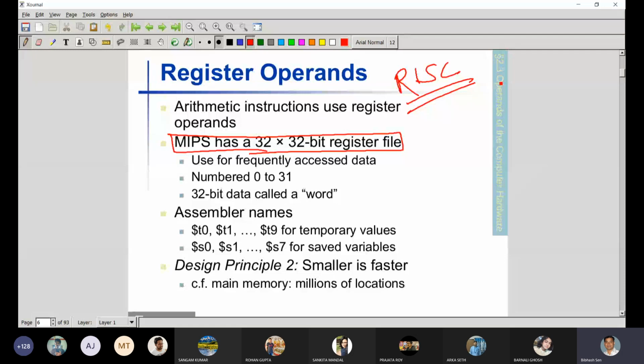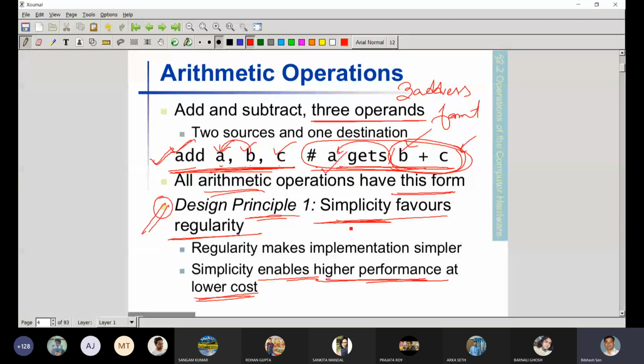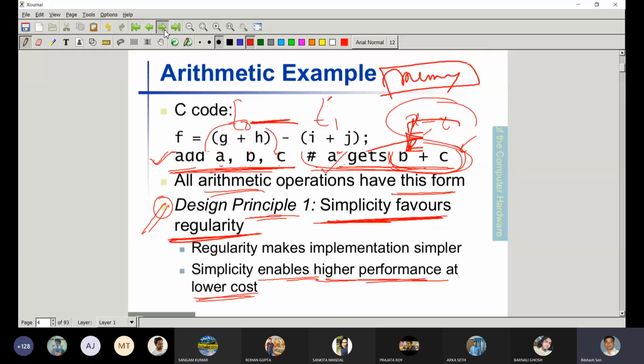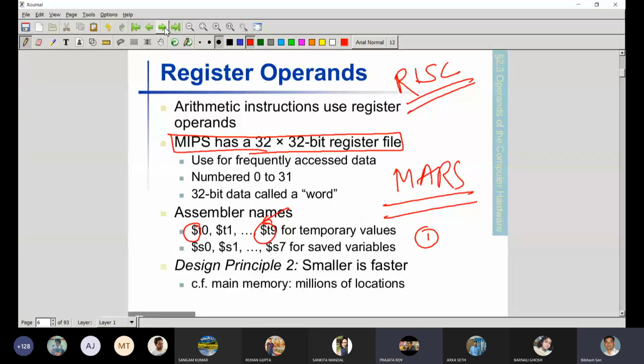To refer to a memory location or register, use the dollar symbol, or sometimes a hash, but in the MIPS simulator, when you write code in the MARS simulator, you have to use this sign. So what is the first design principle? Simplicity: as simple as I can write the example. This is the design issue when you design a new ISA.